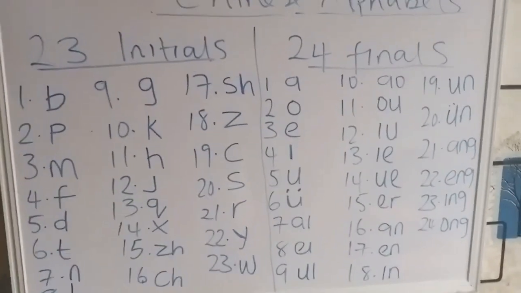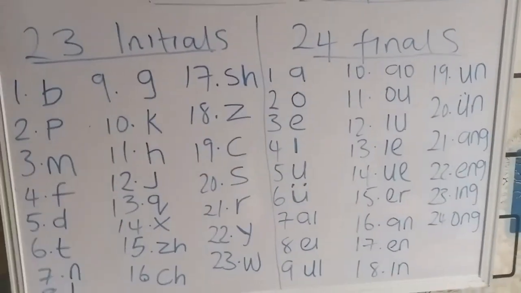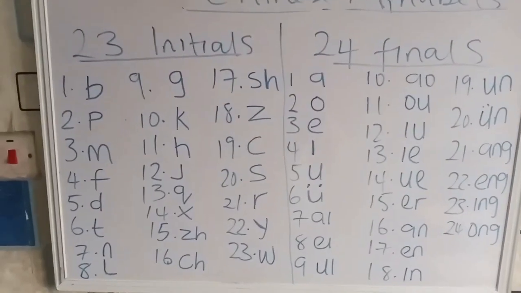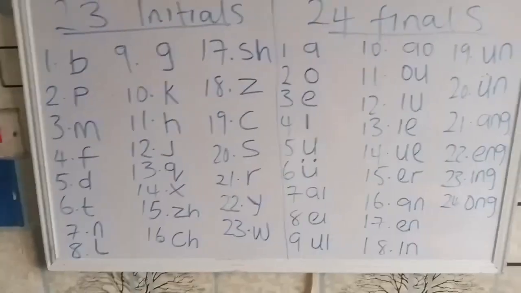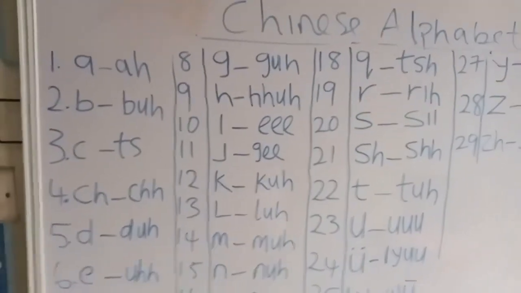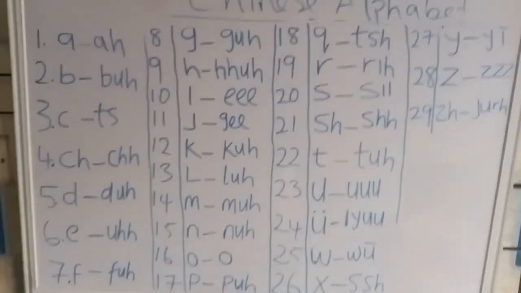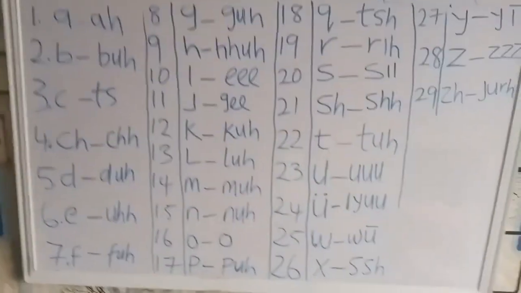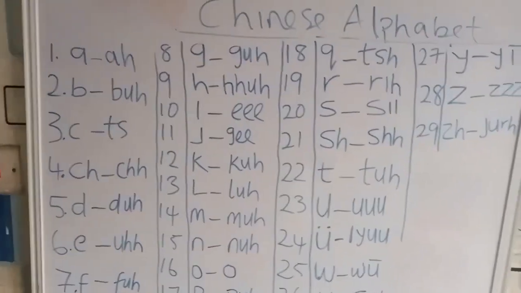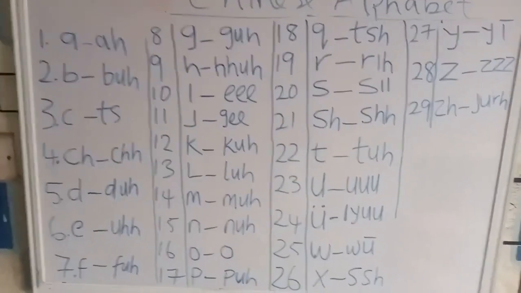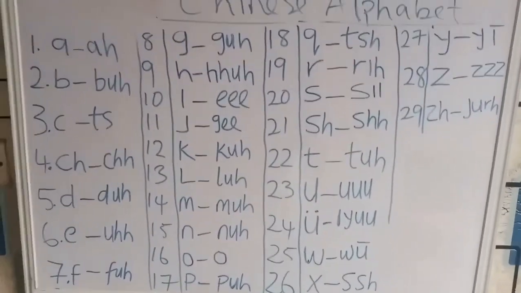You're going to learn this alphabet in a very simple way. I will wipe this and write down the letters we'll be learning for today. I have written out all the letters of the Chinese alphabet that we have in English to help us learn it very well. The differences here are the way we pronounce the letters in English is not the same way they're pronounced in Chinese.